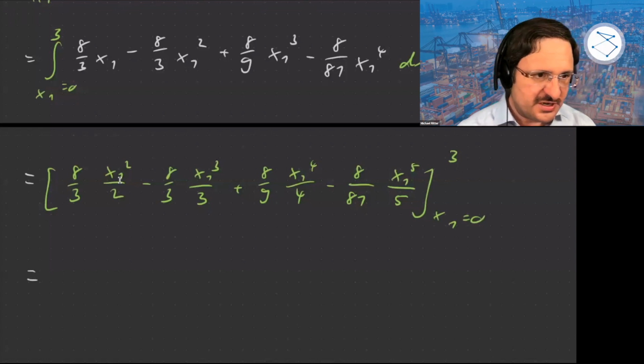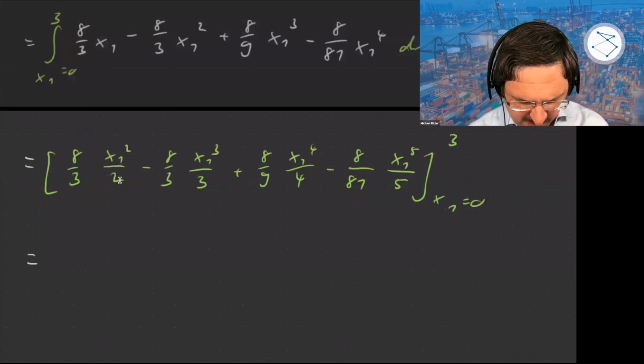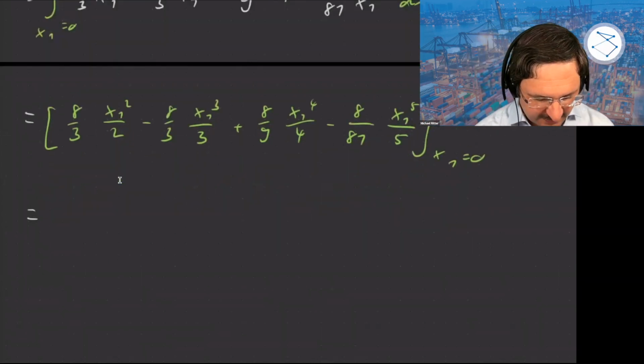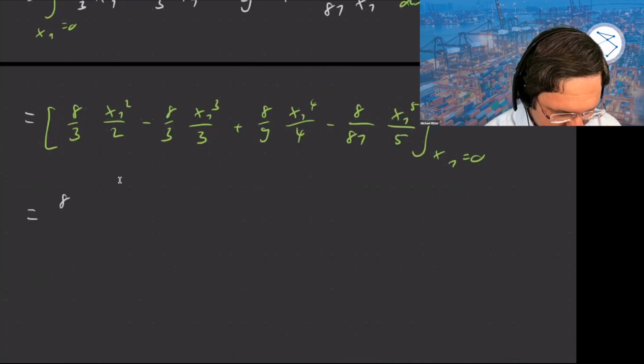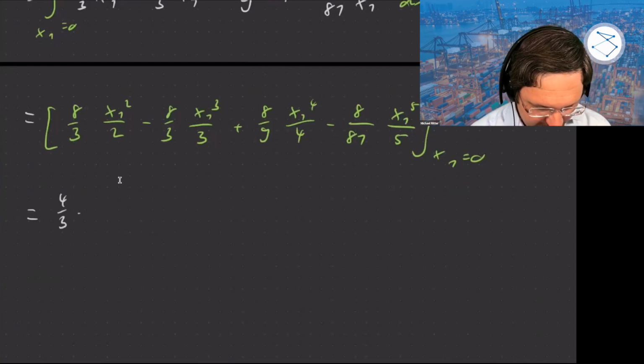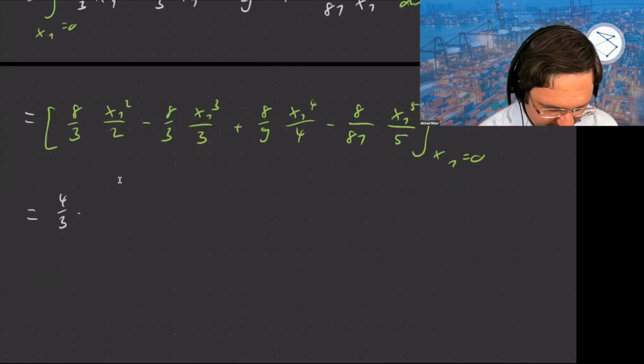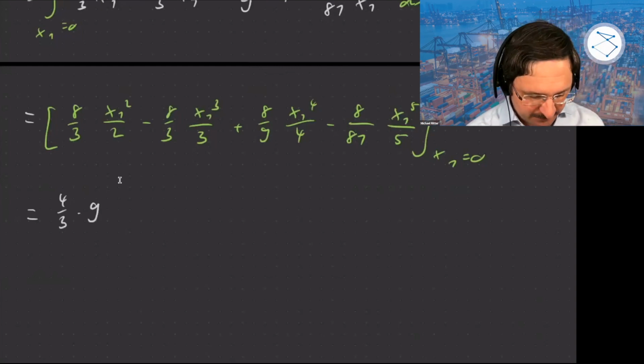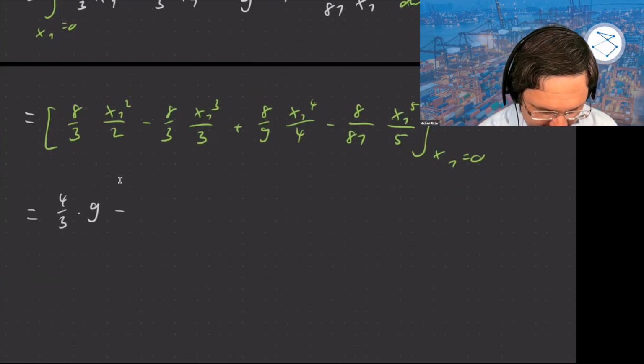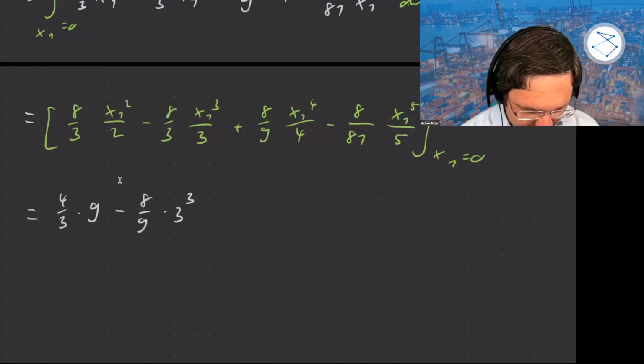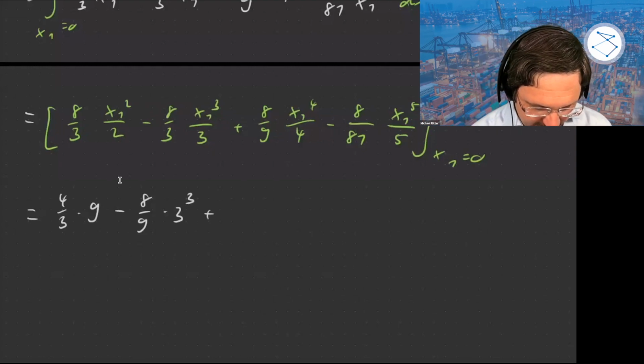And now we just have to do the computations. So let's see. That's 8 over 3. The 2 can cancel out here. So we have 4 over 3 times the upper bound 3, so that's 3 squared, which is 9, minus 8 over 9 times 3 to the power of 3, plus 8 over 9.